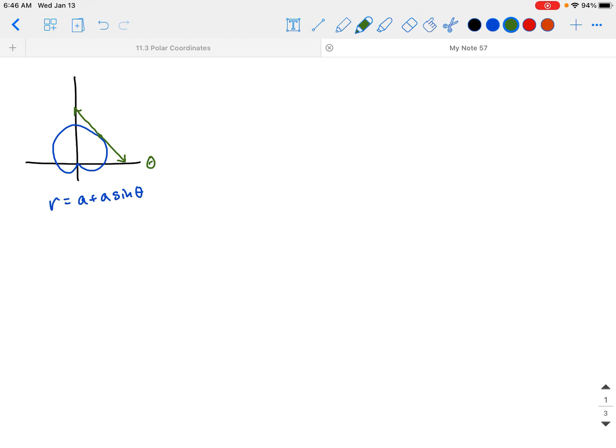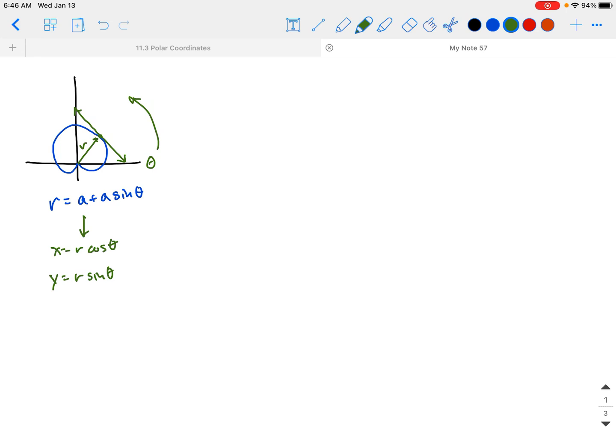Note, theta is actually kind of everywhere here. r is the distance, right? So the rate of change of r with respect to the angle measure is going to be what we look at. So dr d theta is going to be a calculation for us, but we know that this curve can be written in terms of x and y, where x is r cosine theta and y is r sine theta.